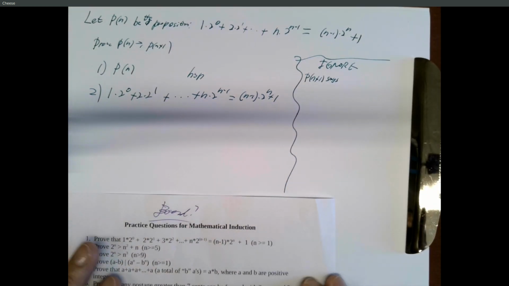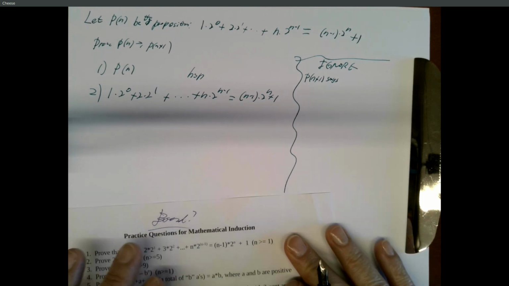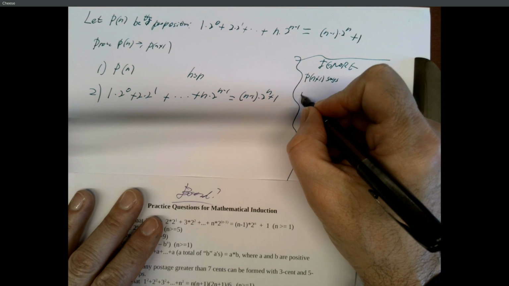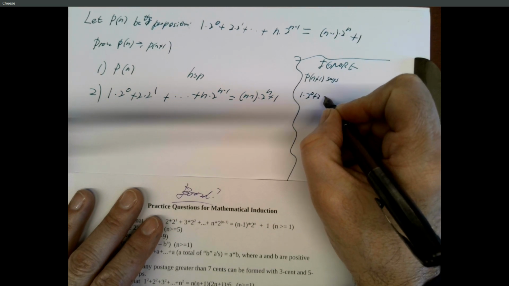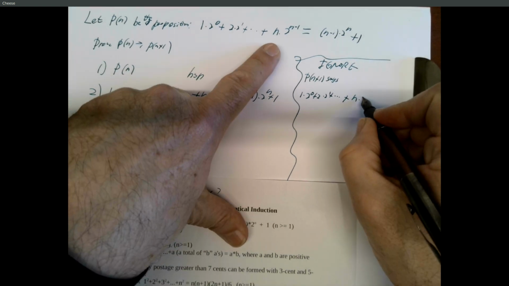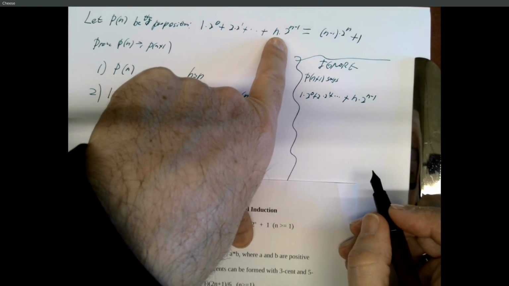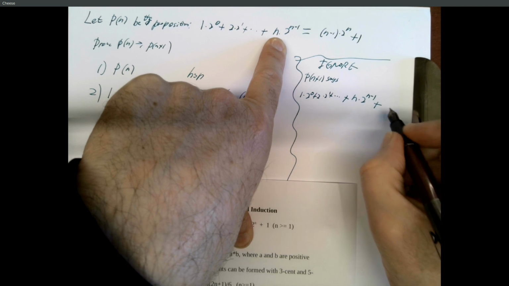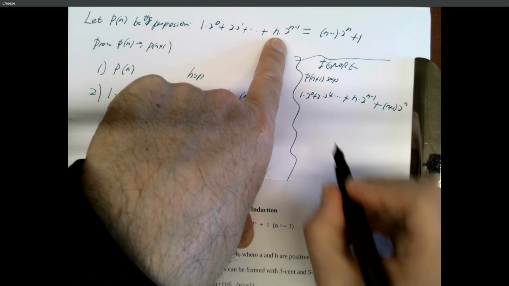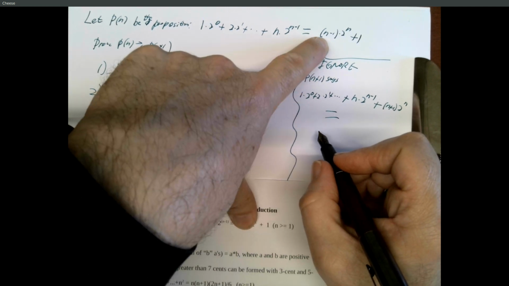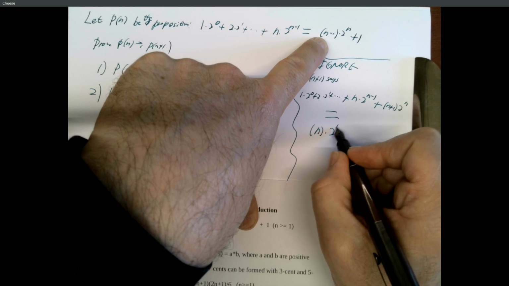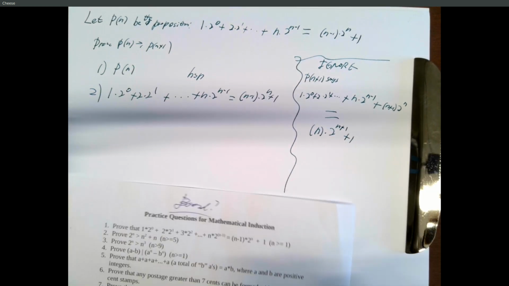And this one's harder than some, because we're basically replacing this n with n plus 1 at the end. So 1 times 2 to the 0 plus 2 times 2 to the 1 plus, and I'm going to write out that last term plus the next term, n plus 1, 2 to the n. And we want to show that's equal to, well, instead of n, it's going to be n plus 1, so this will just be n times 2 to the n plus 1 plus 1.